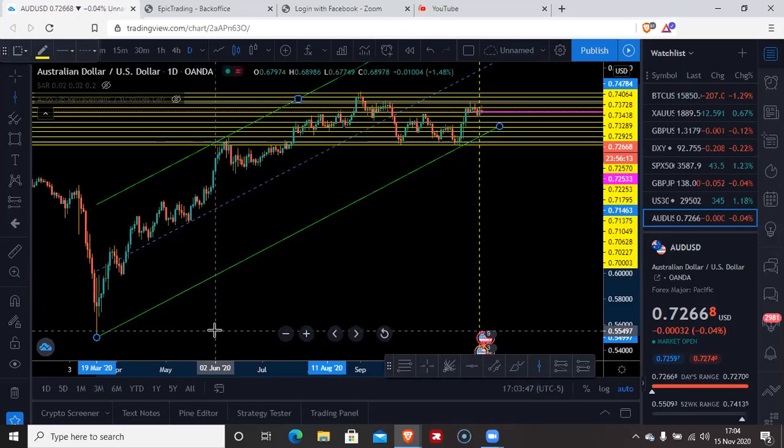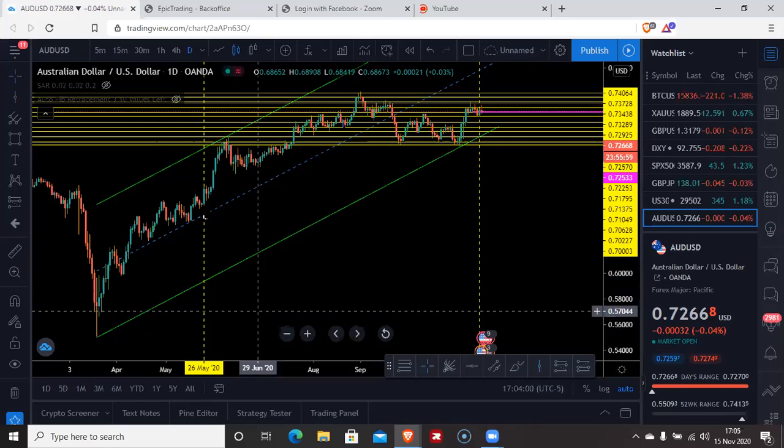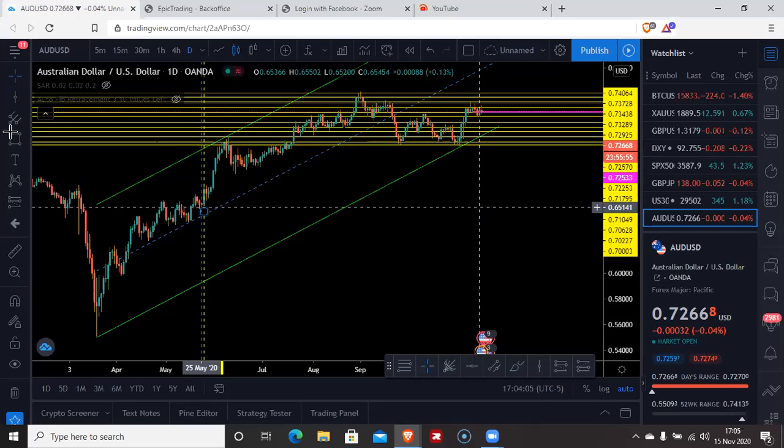Cause look, remember we were talking about the engulfing candles, right? Look at this, May 26th. What we got? A beautiful engulfing candle. And then from May 26th to August 31st, right?